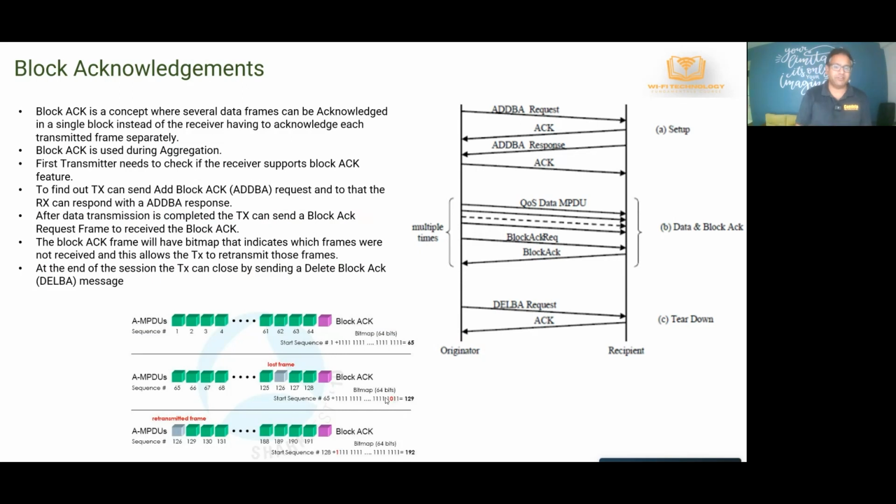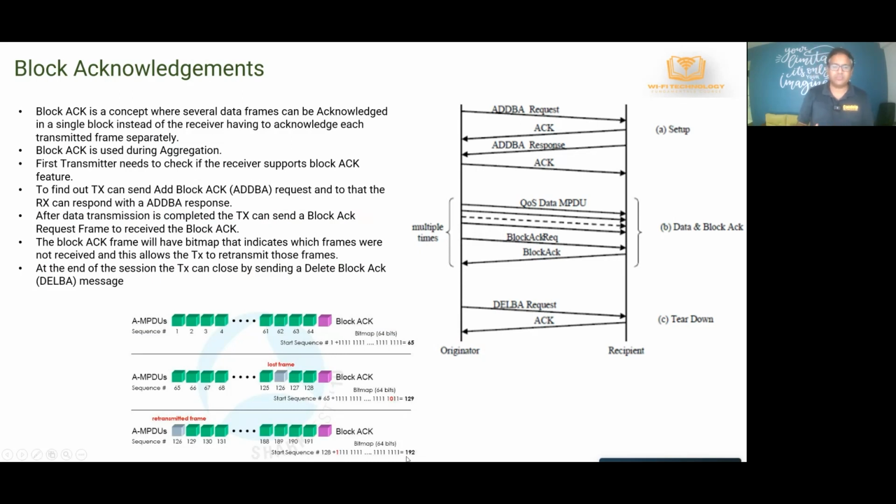That information is sent to the transmitter, and in the next batch of frames, it has to send from 129, but it will actually retransmit 126, because 126 in the last batch got lost. Again, the block acknowledgement will check the starting sequence number and acknowledge everything from there, and that process will continue.